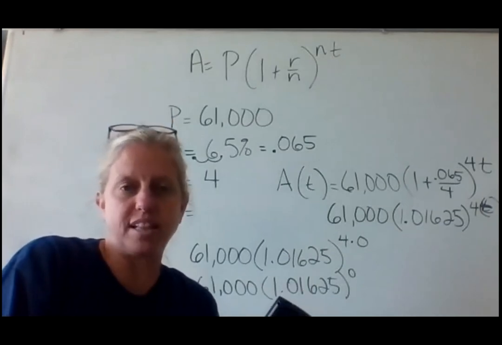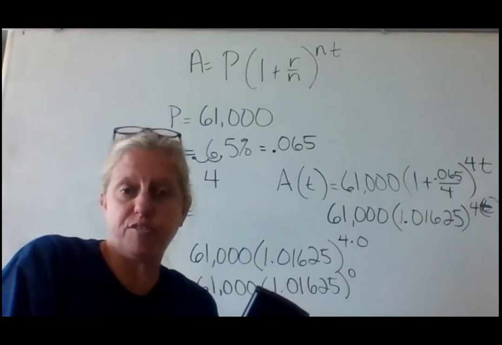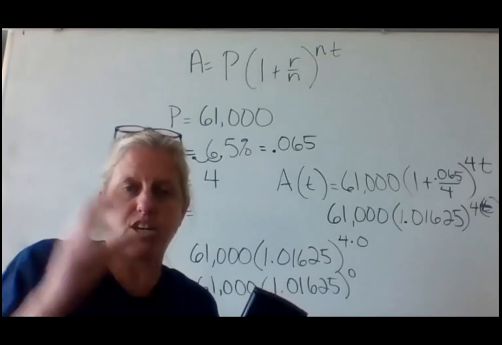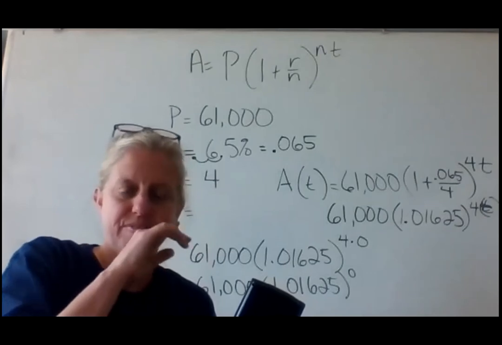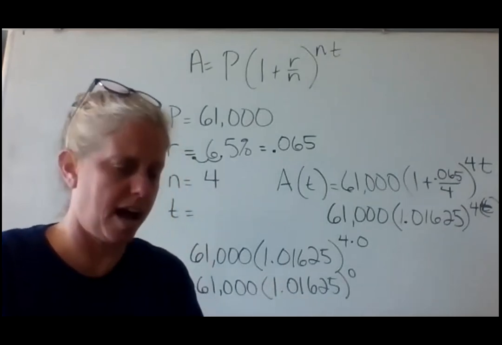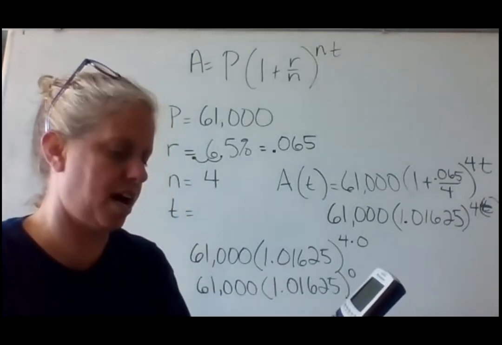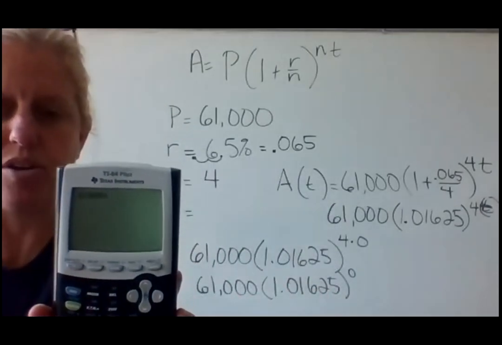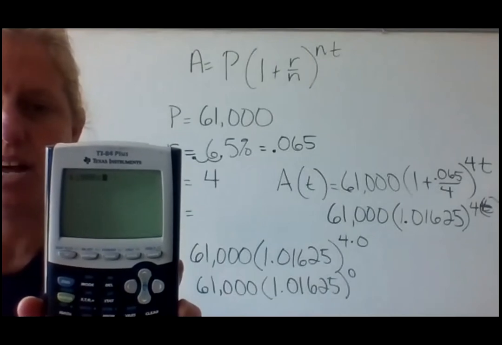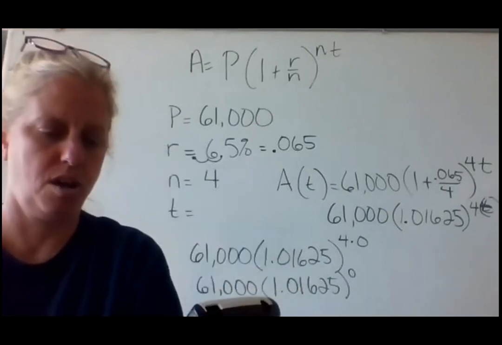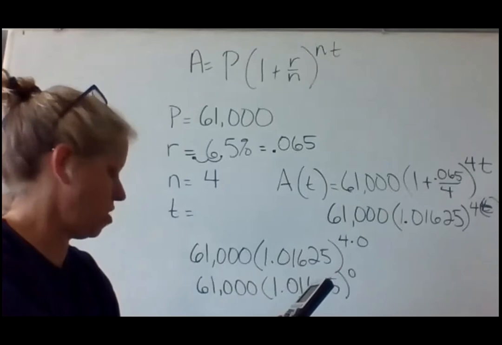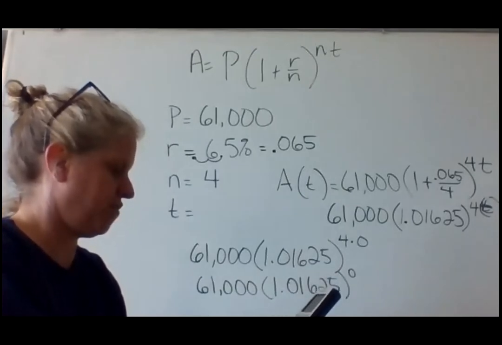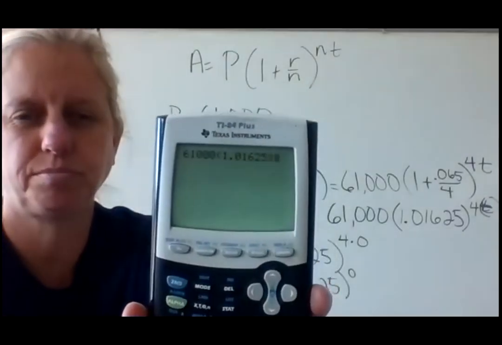So let's think about what that's actually asking. I haven't even had it in there any time. I just went and put it in the bank. So I'm just going to put exactly what I have on that bottom row on the board: 61,000, open parentheses, 1.01625, close.